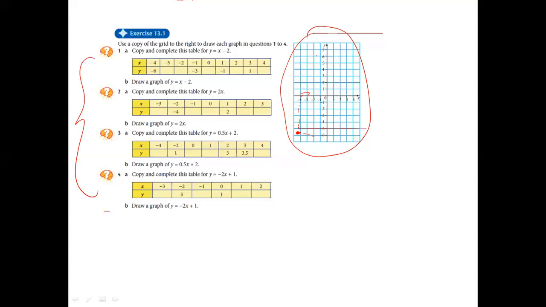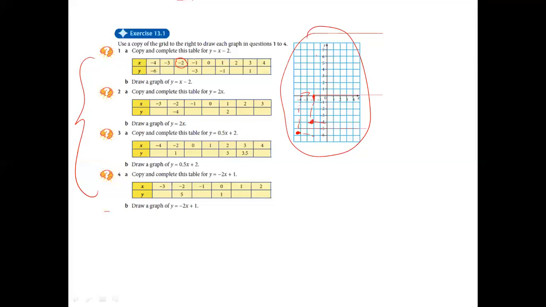When you put minus 2 or minus 3, no problem. I want to solve for minus 2. I put minus 2 in place of x, and minus 2 minus 2 is minus 4. So x is equal to minus 2, which is here, and y is equal to minus 4, it's here.